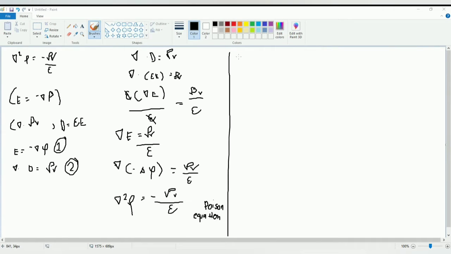For the general equation of Poisson's equation in Cartesian x, y, z coordinates, we can represent del squared as partial squared over partial x squared, plus partial squared over partial y squared, plus partial squared over partial z squared.